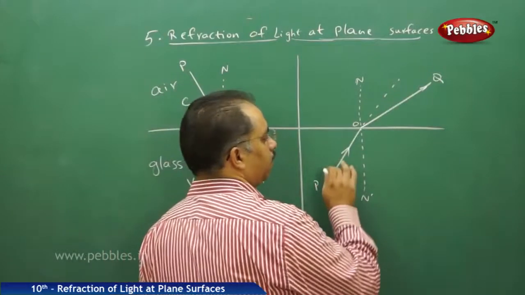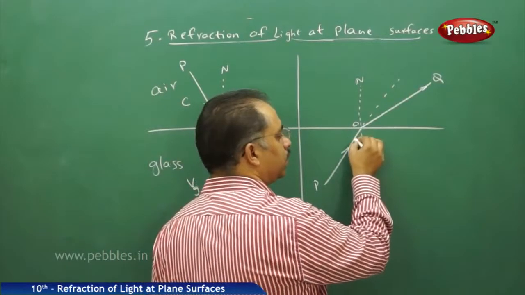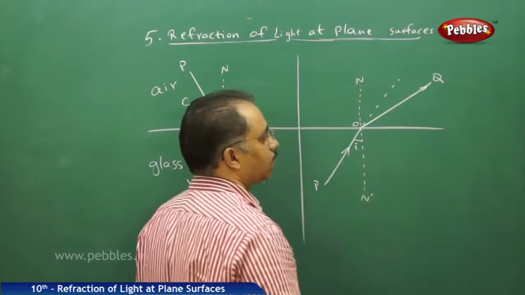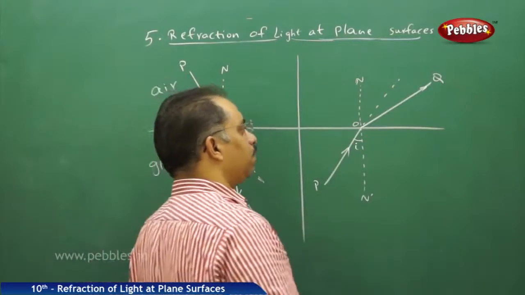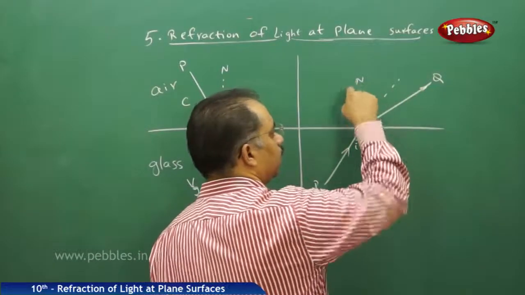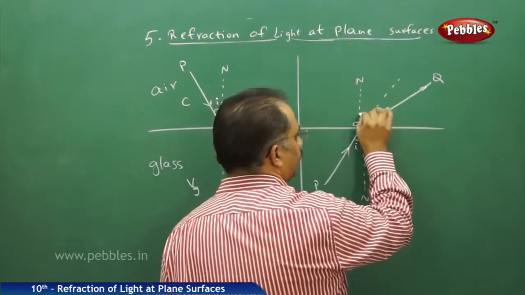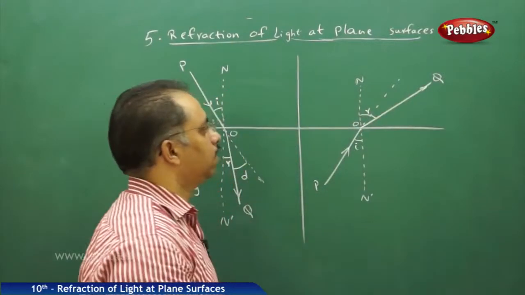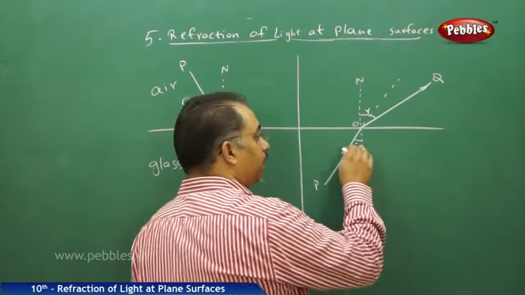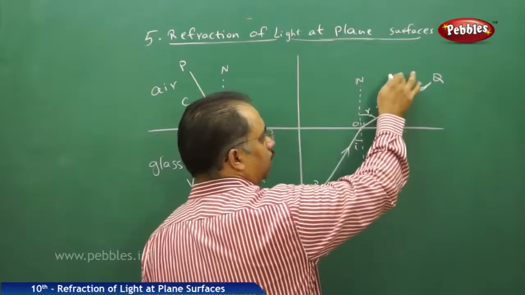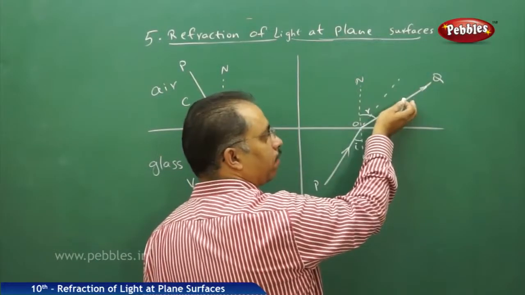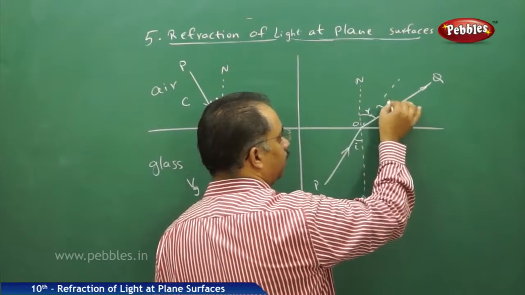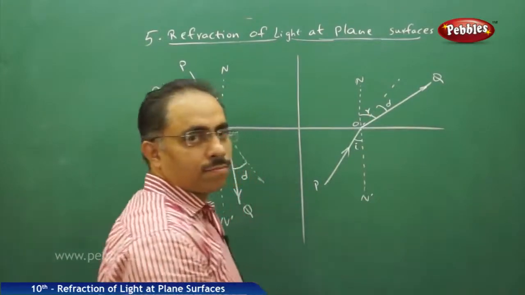The angle between the incident ray and the normal at the point of incidence is the angle of incidence. Similarly, the angle between the refracted ray and the normal at the point of incidence, here, is the angle of refraction. Now, if it were going straight, it would go along this path, but it is getting deviated from the original path. So, this angle here is the angle of deviation.